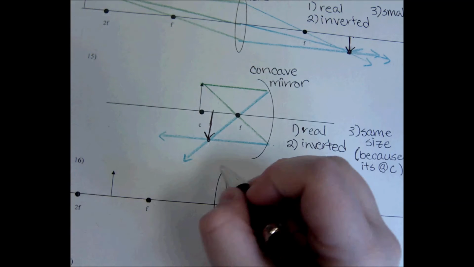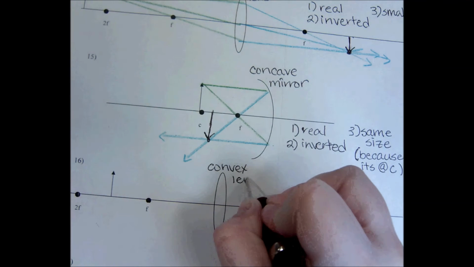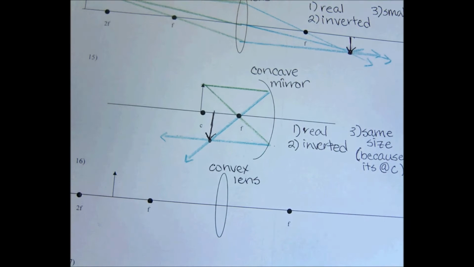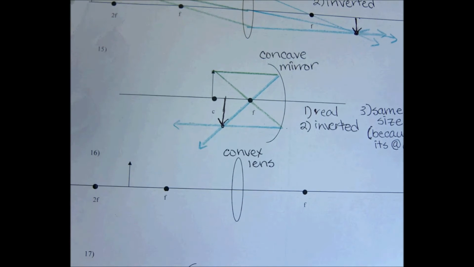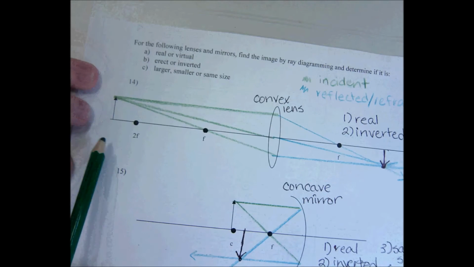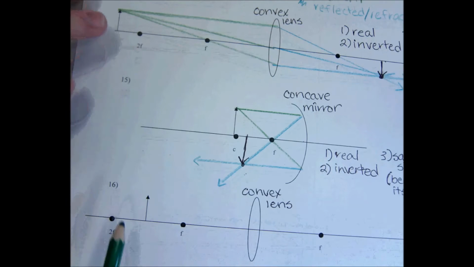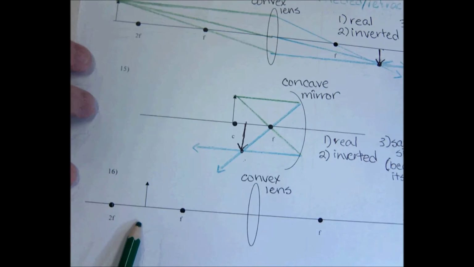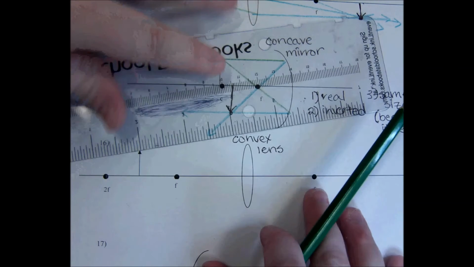All right, here we have another convex lens. So it should work similarly to the one we've already done. But now notice that we've moved from way outside, out beyond twice the focal length, to between twice the focal length and the virtual focal point.